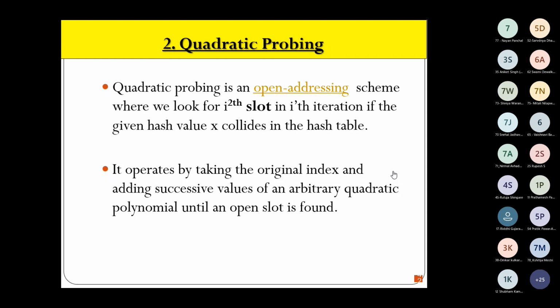So, how to find out the next free location? Whether it is one by one in sequential fashion, we call it linear probing. But if we use some equation of degree 2 for finding the next free location, then we call it quadratic probing.